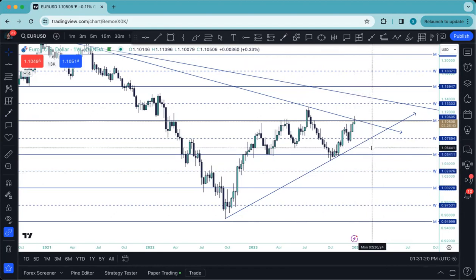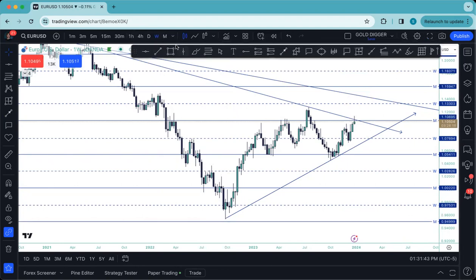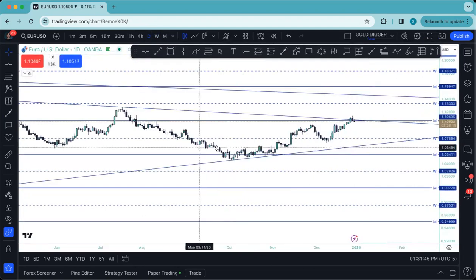It's just marking it up and knowing that when you are near the trend line and support and resistance lines, it is a strong support and resistance area. And typically around those areas, it is going to be consolidating for a little bit on the lower time frames. So let's go down to the daily.